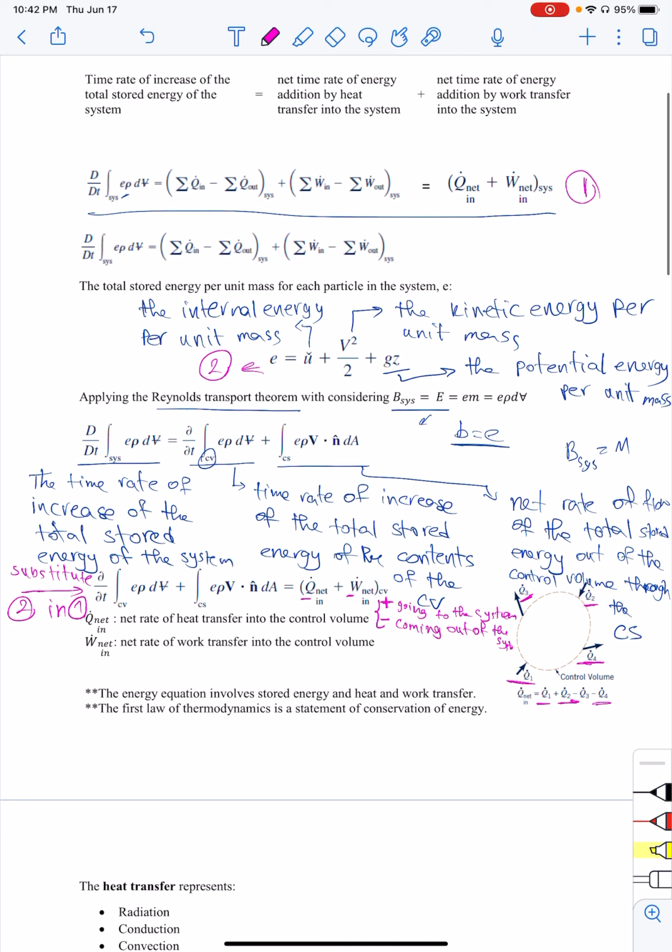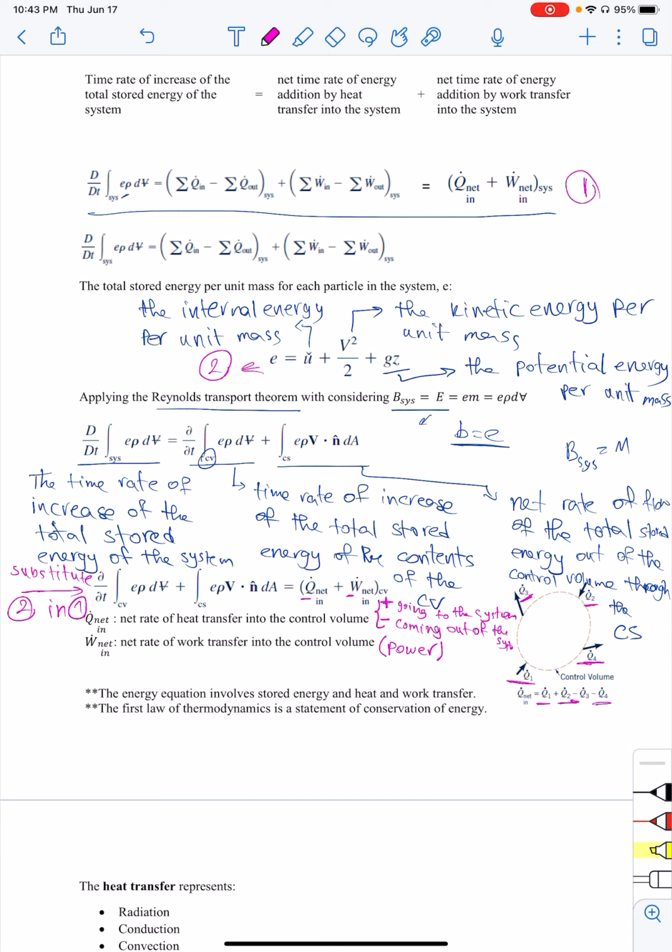And then this W dot here is the net rate of work transfer into the control volume, right? We also call it power, because work is the dot product of force and the related displacement.